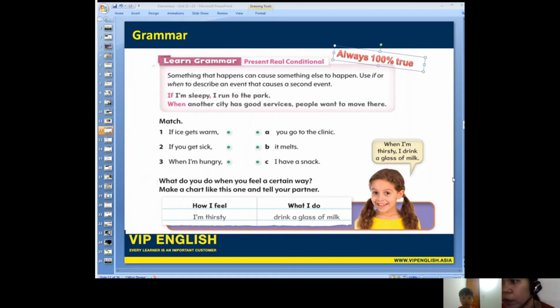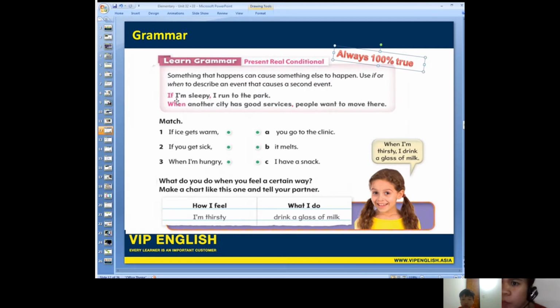So you cannot talk about things that are not true. Like you can't say that if ice melts, it becomes fire. That's wrong. So you always have to give 100% true information for present real conditional.